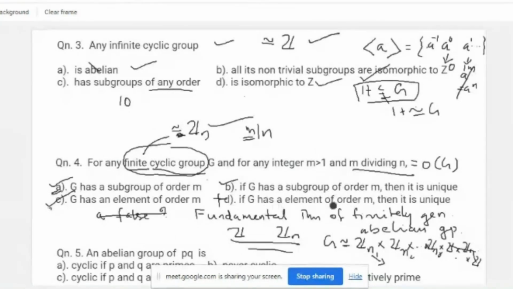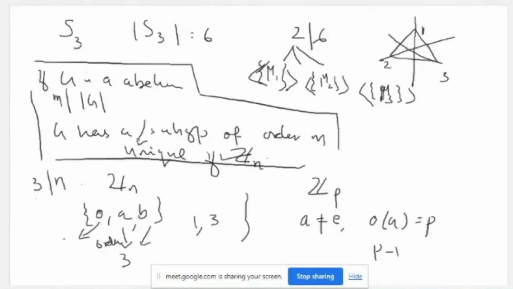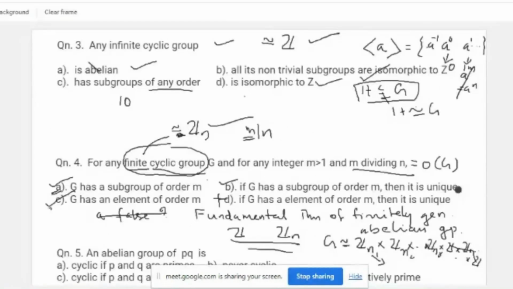If a subgroup H is cyclic of order K, it has phi of K generators, where phi of K is the Euler totient function: the number of positive integers less than or equal to K and relatively prime to K. That many generators means that many elements of order M, so phi of M elements will be there, and phi of M is 1 only when M is 2.